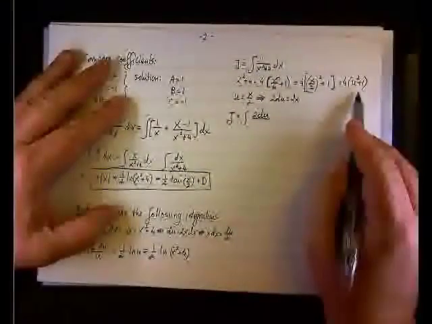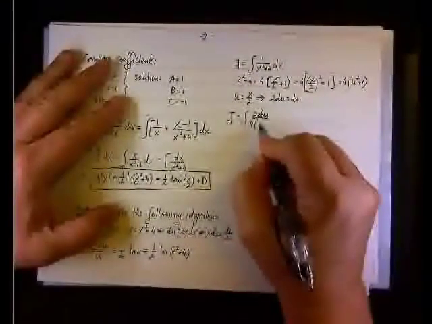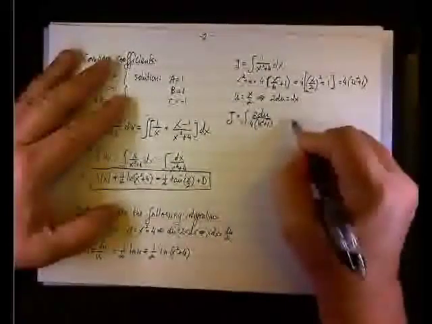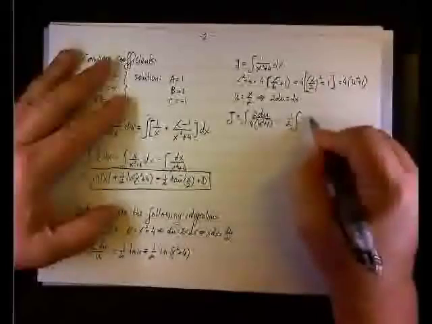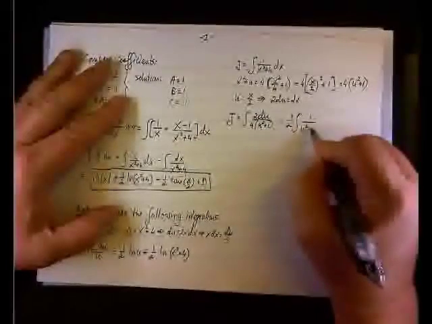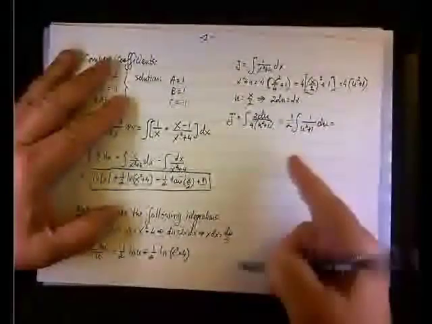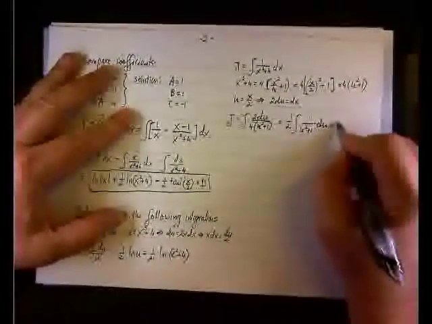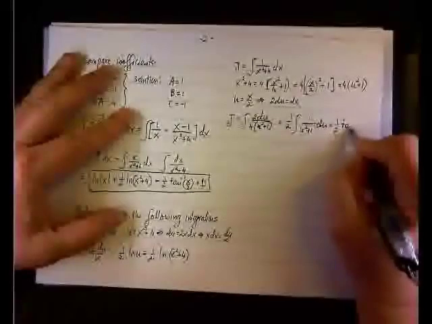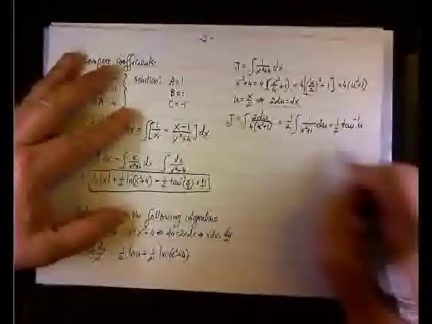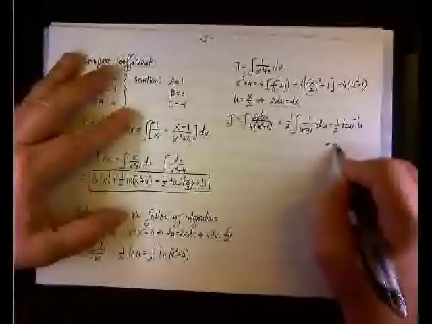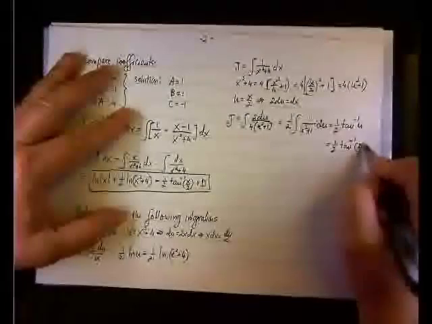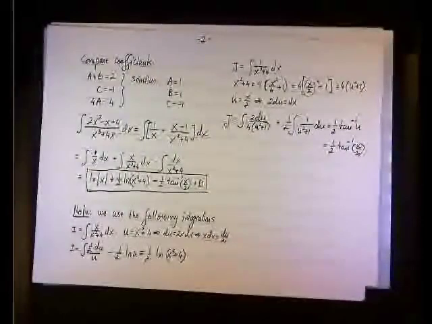Instead of x squared plus 4, I have 4 times u squared plus 1. So I have 2 over 4, or 1/2, and now I have 1 over u squared plus 1 du, and this is where you see the inverse tangent. So it will be 1/2 inverse tangent of u, or 1/2 inverse tangent of x over 2. And that's what we plugged in here.